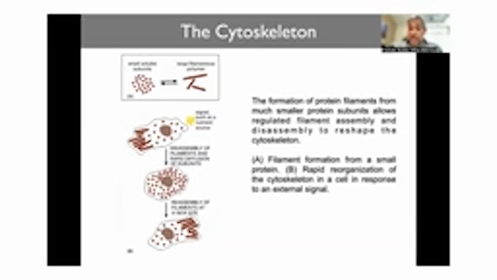So there is immense power in having one single subunit that can be assembled, disassembled into various structures. And the cytoskeleton is actually the original Lego block, if you ask me, right? Because it has been put together in this manner.